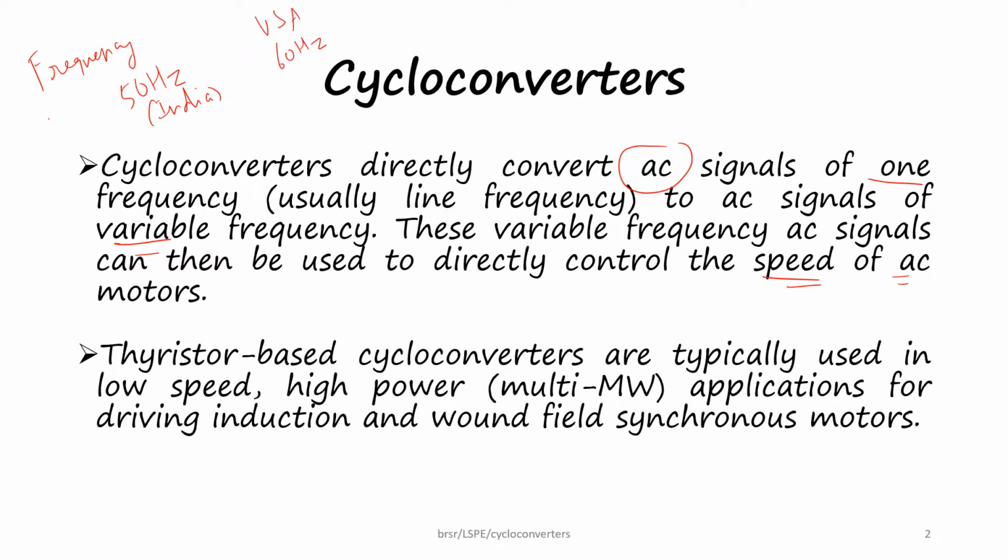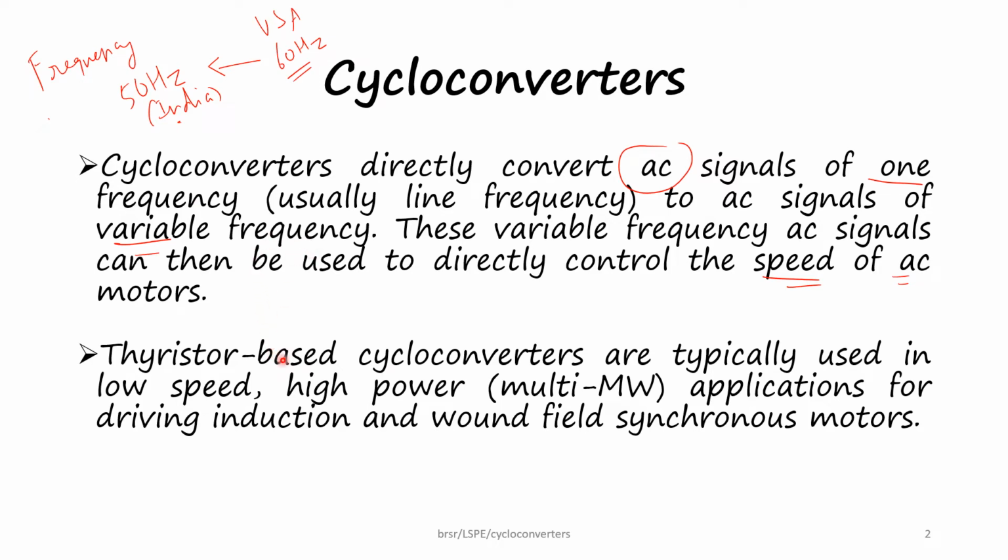So the appliances manufactured in the US will be designed for 60 Hz, whereas the appliances we use in India are designed for 50 Hz. If an appliance is bought in the US and it is to be used in India, the frequency has to be converted to the required one, that is from 60 to 50 Hz. So changing the frequency from one value to another value is accomplished using cycloconverters.